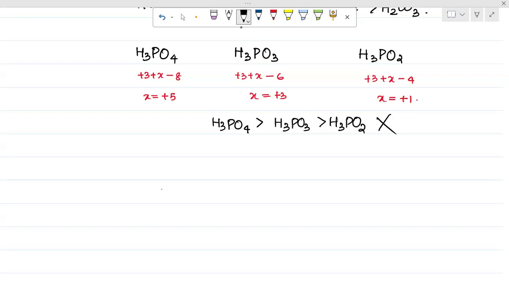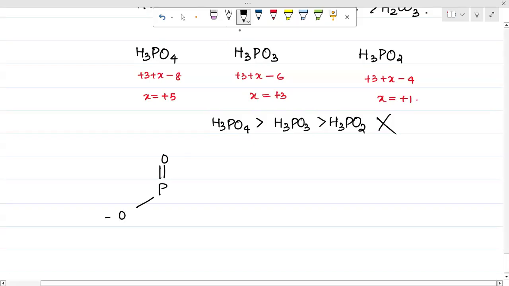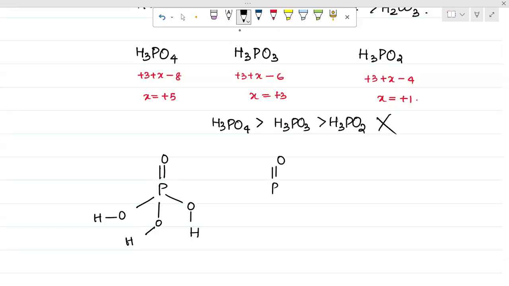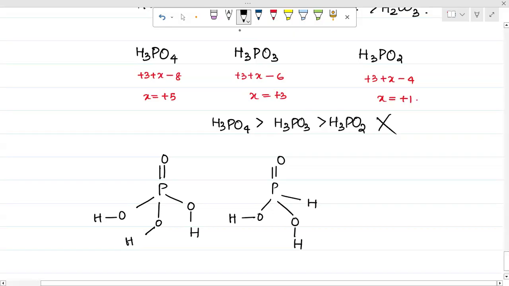The reason is, let me explain structurally. That is a problem with inorganic chemistry. You learn one trend and then you have a lot of exceptions. So this is H3PO4. Then you have H3PO3, like this.